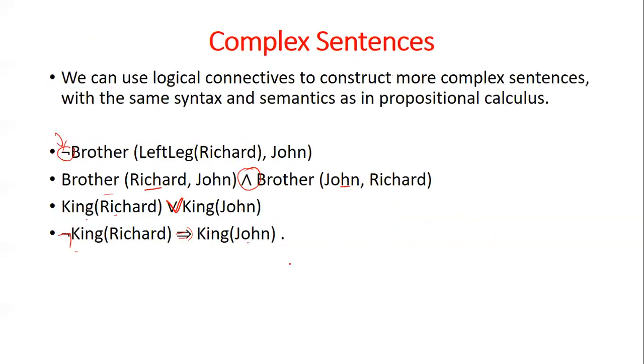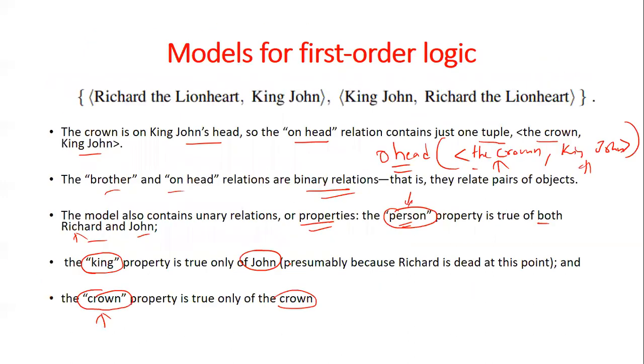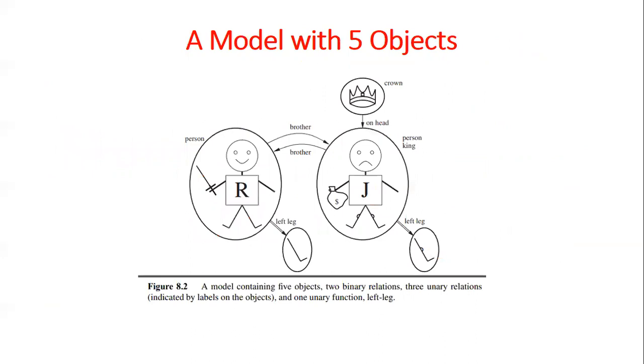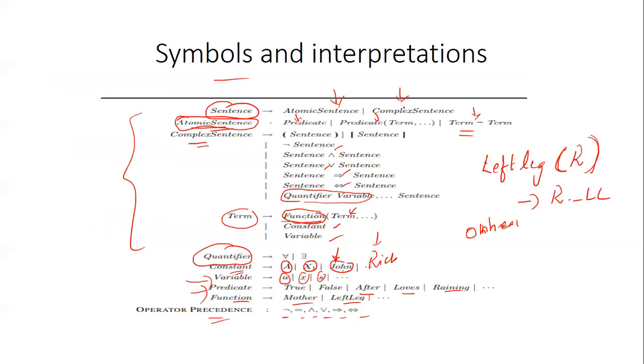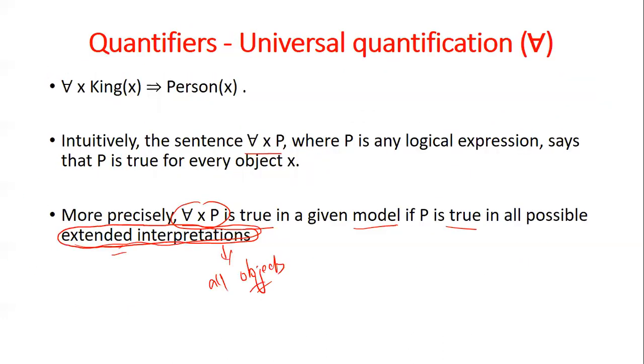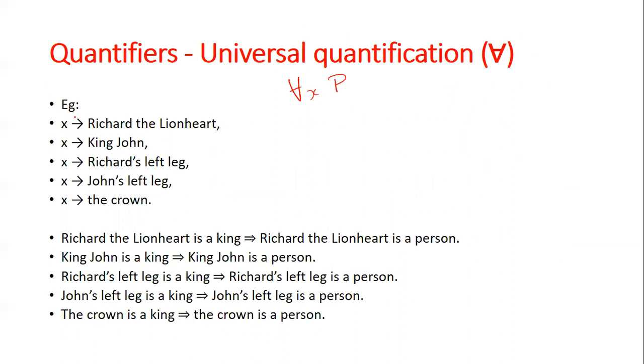Okay. So if you see our example, here there are 5 objects. What are the 5 objects? Richard the Lionheart, King John, Richard's left leg, John's left leg, and crown. So let us try applying these 5 objects on this example, right?